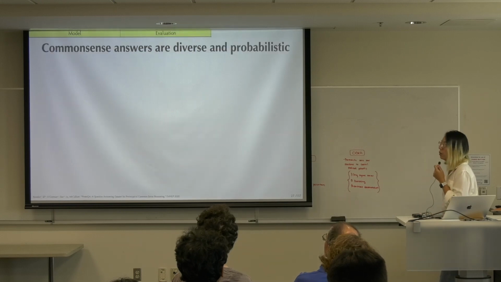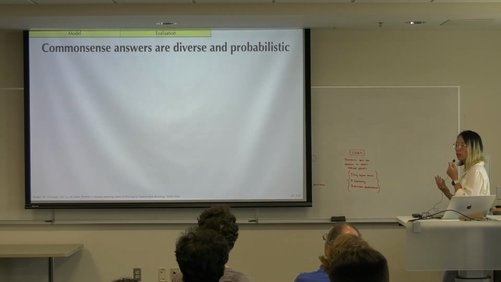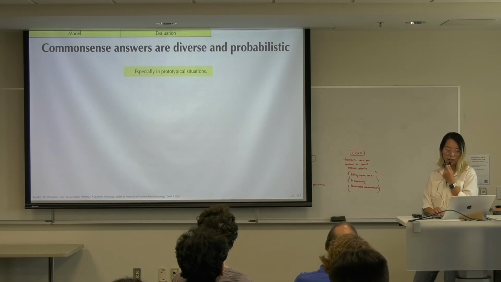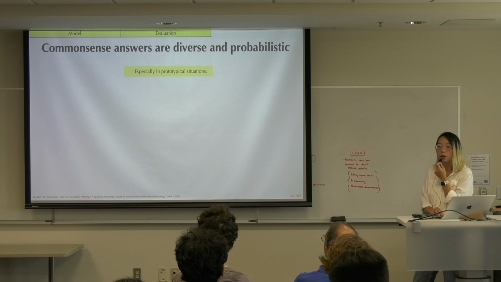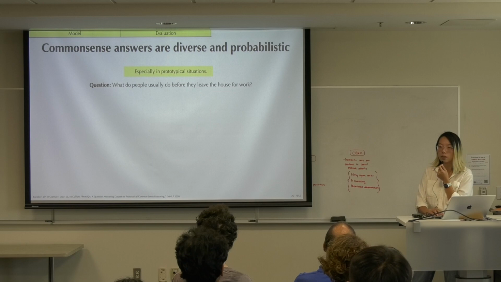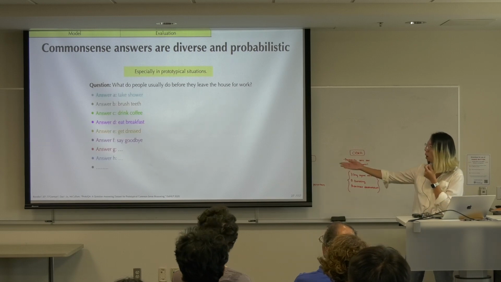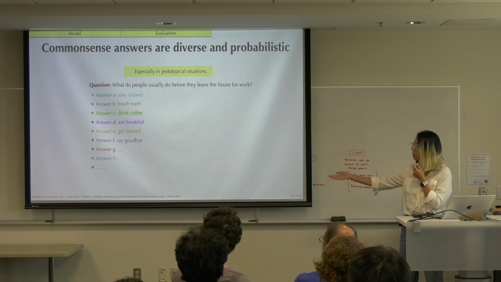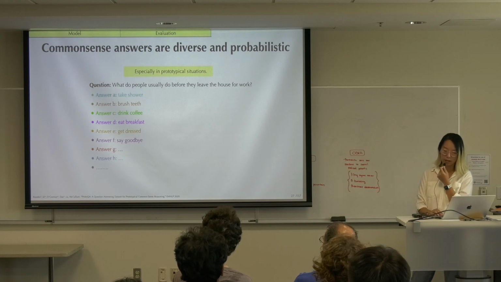And then the next research interest is on evaluation. How do we evaluate the probabilistic nature of common sense? Especially in prototypical situations, like what do people usually do before they leave the house for work? You can have all these different answers: take a shower, brush teeth, eat breakfast, all of these things.